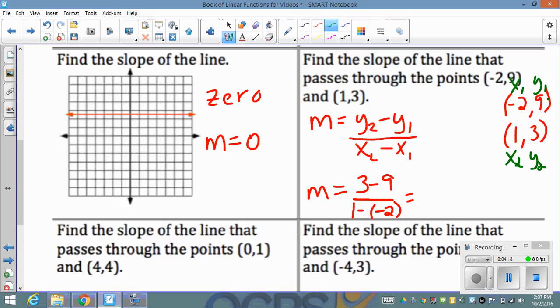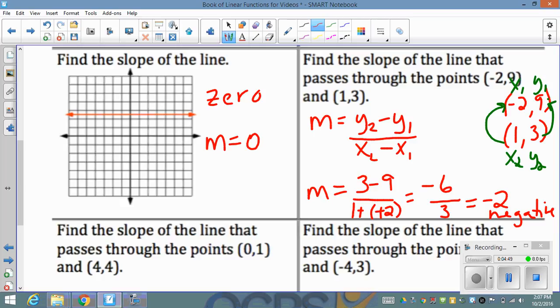So y2 minus y1 is 3 minus 9. x2 minus x1 is 1 minus a negative 2. Doing my arithmetic, I get negative 6 over, remember to change this to plus a positive, 3, which is negative 2. So my slope is negative. This line will be going down from left to right. My actual slope is negative 2.